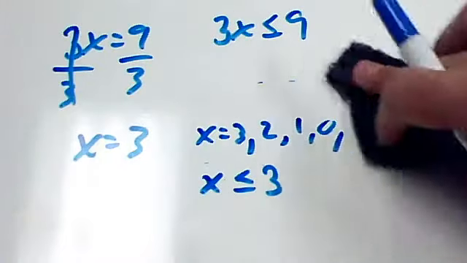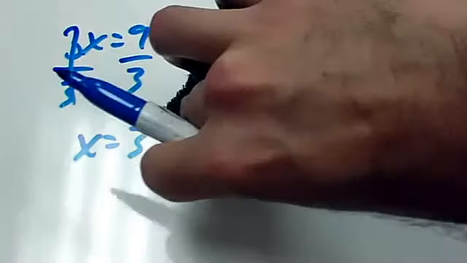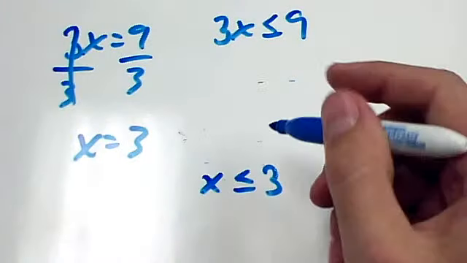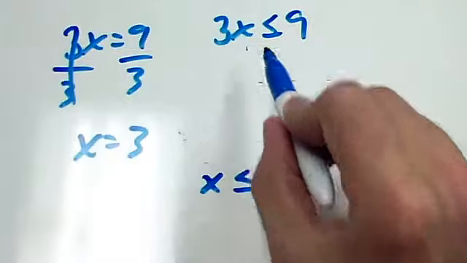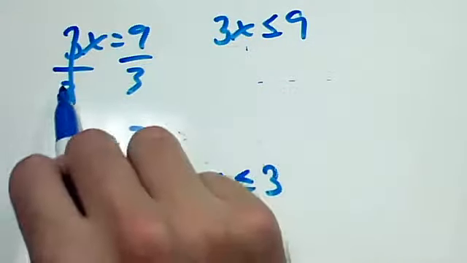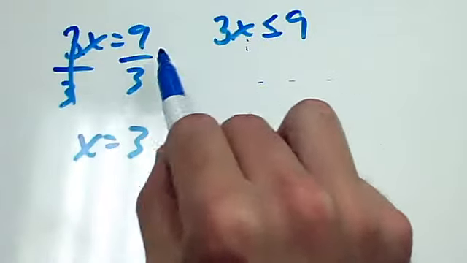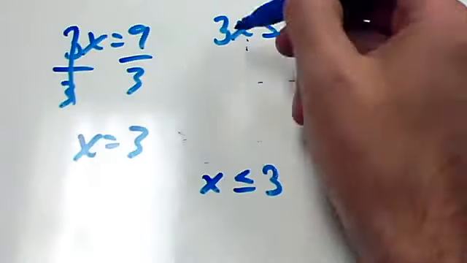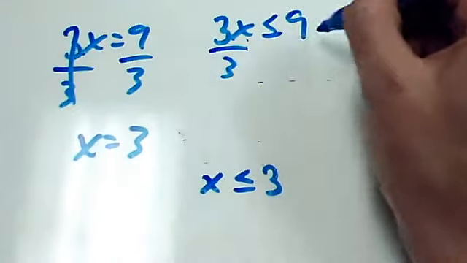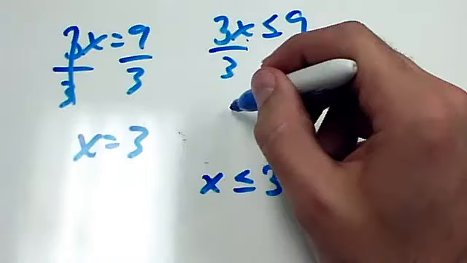Okay, so we guessed and we came out with this. Let's see how we can get from here to here. Well, seeing the differences and the similarities, especially the similarities, let's just try and divide by 3 on both sides.